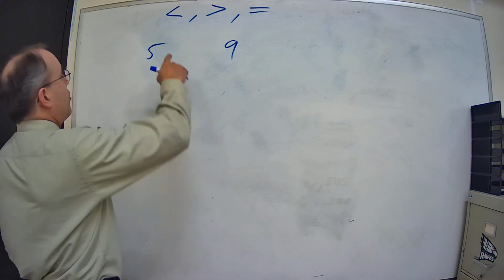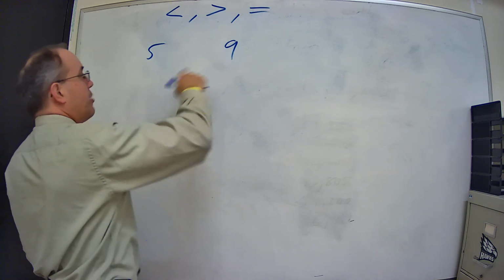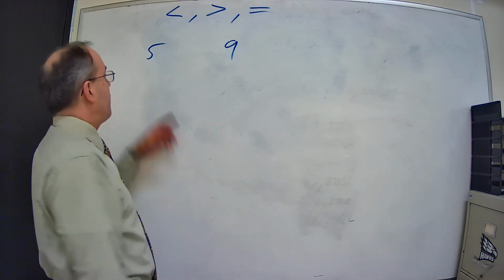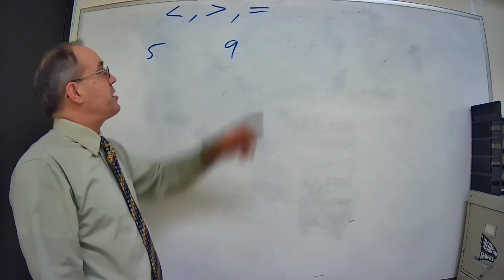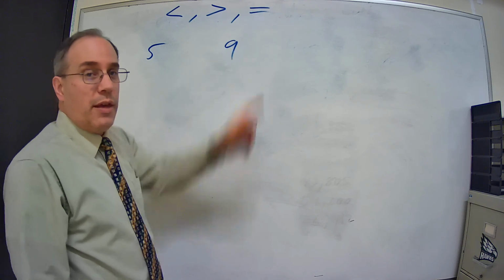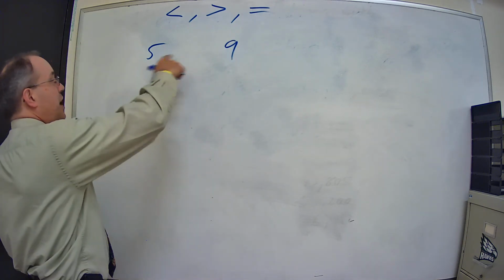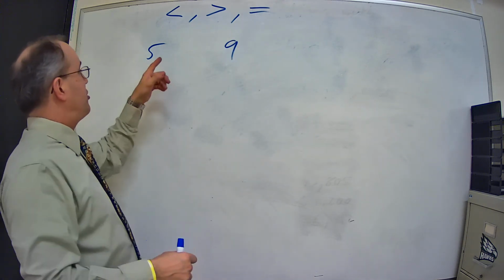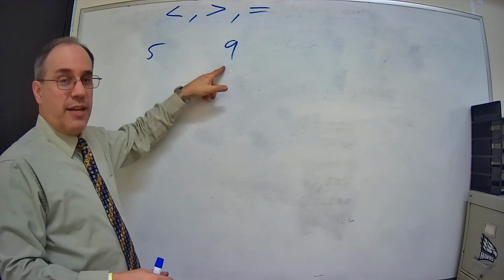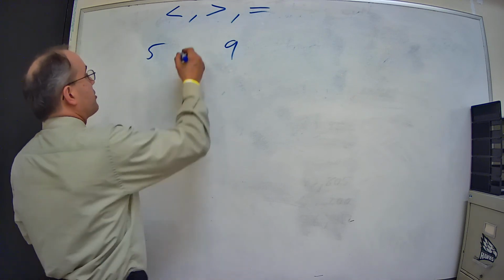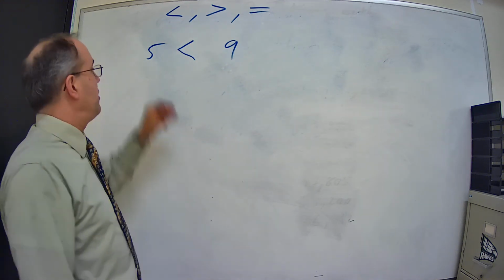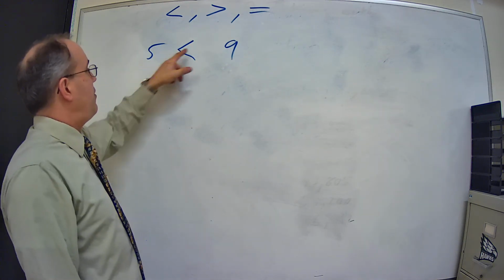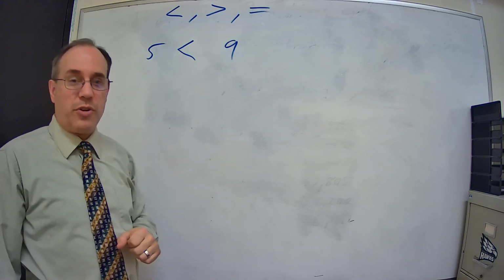Well, 5 is smaller than 9, 9 is bigger than 5, so obviously they're not equal. We put the smaller side next to the smaller number, the bigger side next to the bigger number. So 5 is less than 9, smaller side pointing to the 5, bigger side going towards the 9.